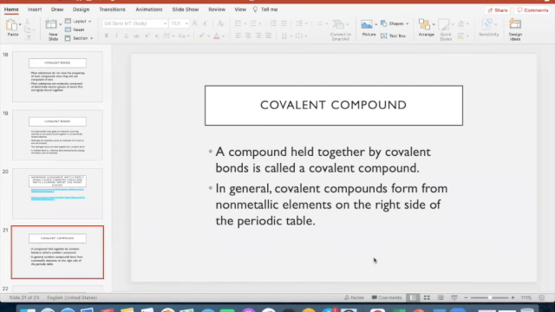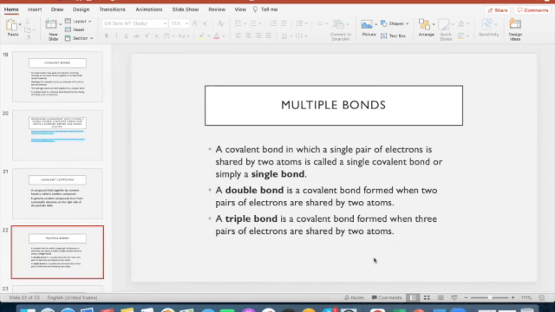All right, so your covalent compound is a compound held together by covalent bonds, and they form from non-metallic materials on the right-hand side of the periodic table. And then there are multiple different types of bonds. A single bond is when you have a single pair of electrons shared by two atoms.